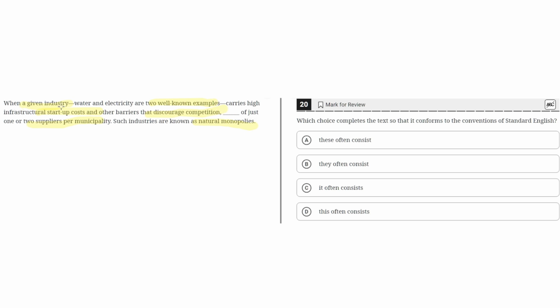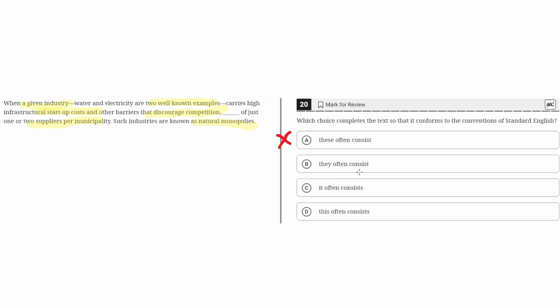So it would be when a given industry carries high infrastructure, these often consist of just one or two suppliers per municipality. So this doesn't sound quite right because the plural antecedent, these, doesn't match the singular subject, industry. So we can eliminate answer choice A.